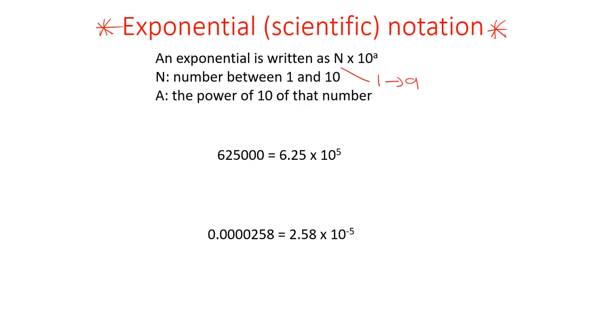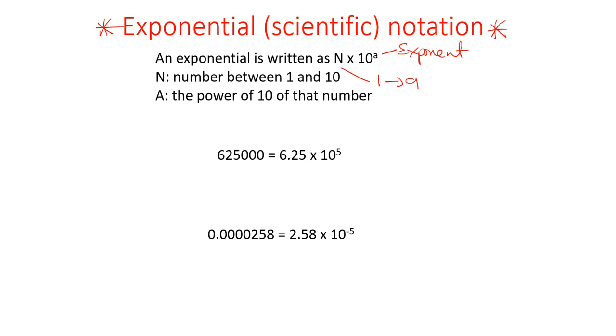And then when you get that value, you multiply it by 10 to an exponent. So this a is an exponent. So a is the power of 10 of that number, or an exponent.